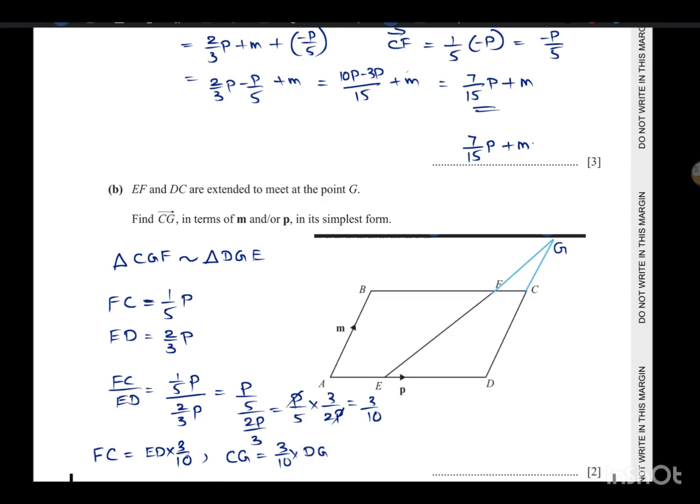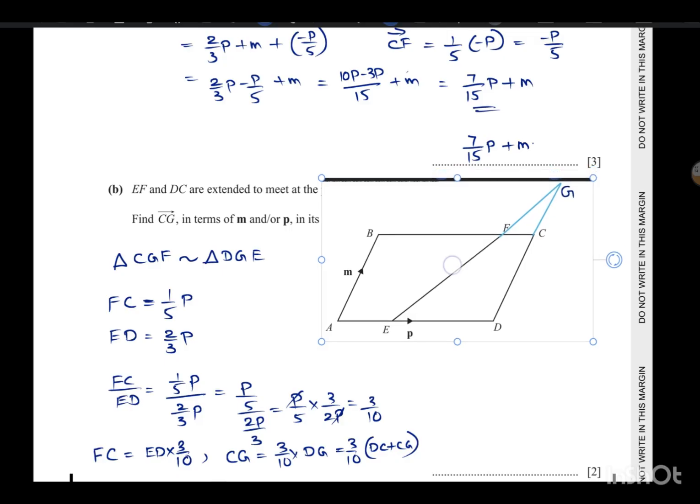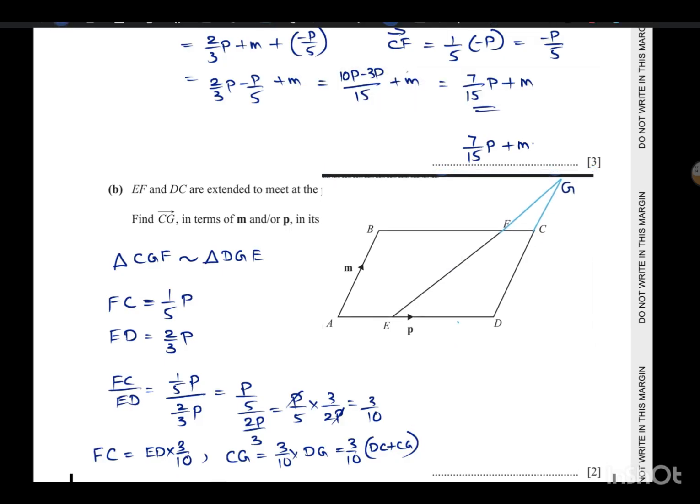Now what is DG? DG is DC plus CG. So CG is equal to 3 by 10 multiplied by DC plus CG. Let me shift this diagram up a little and continue.